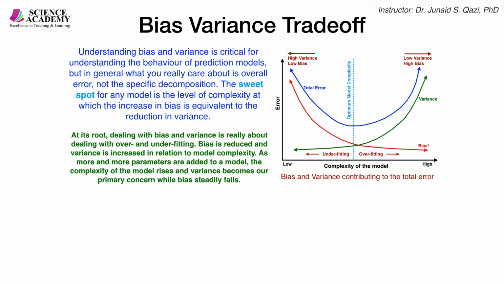At its root, dealing with bias and variance is really about dealing with over and underfitting. Bias is reduced and variance is increased in relation to model complexity. As more and more parameters are added to the model, the complexity of the model rises and variance becomes more of a primary concern, while bias steadily falls.